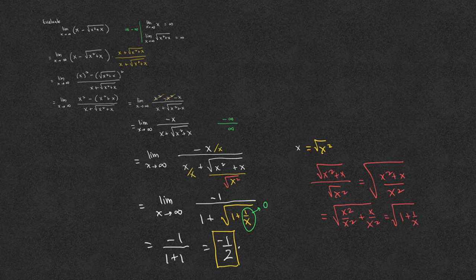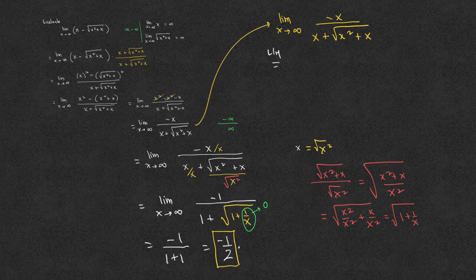What happens if we use L'Hopital's rule? At this point, the limit as x goes to infinity of negative x over x plus the square root of x squared plus x is of the indeterminate form infinity over infinity, so we can use L'Hopital's rule.